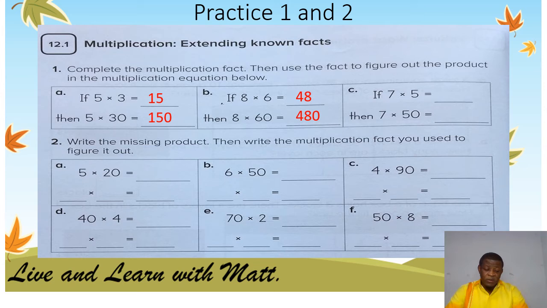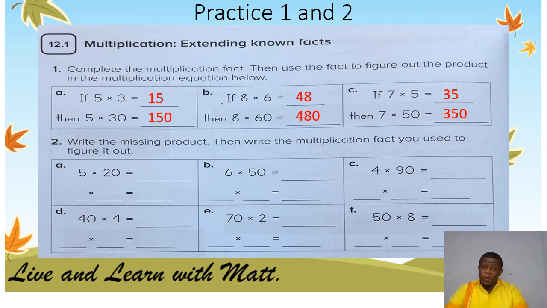I beg your pardon, 480. So 8 times 6 is 48. So 8 times 60 will be 480. Now let's go to part C. 7 times 5, that is 35. Therefore, 7 times 50 will be 350.